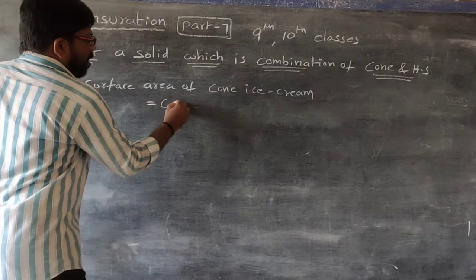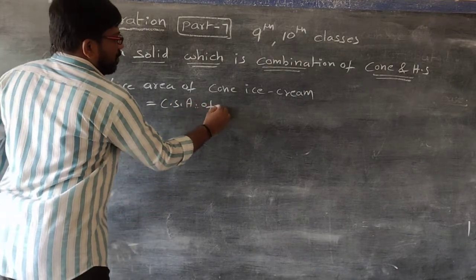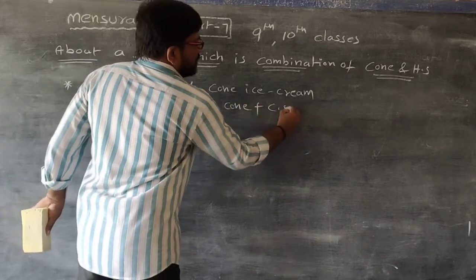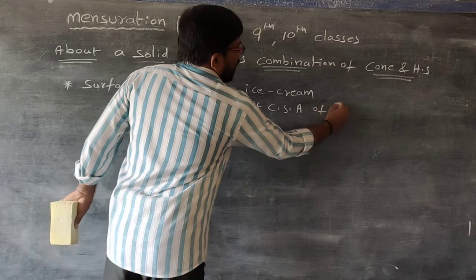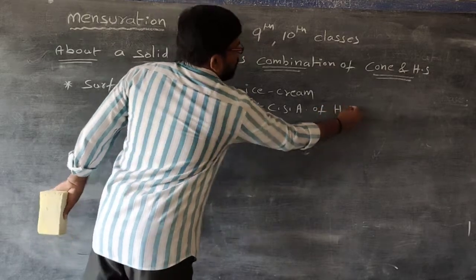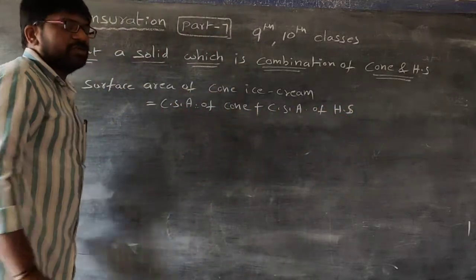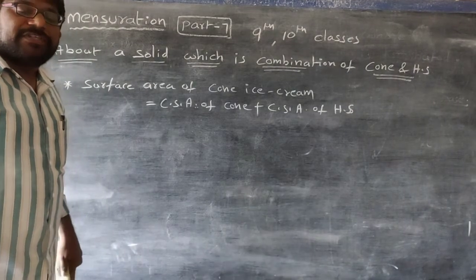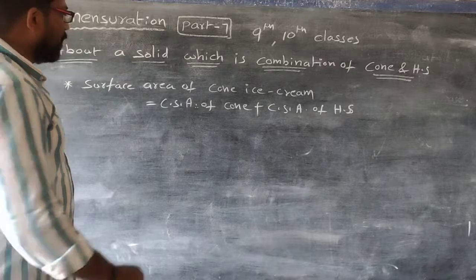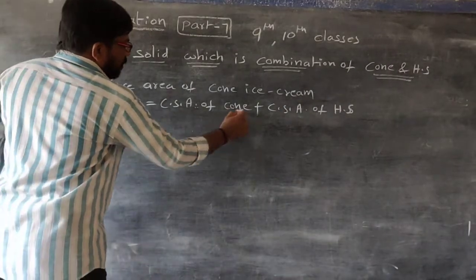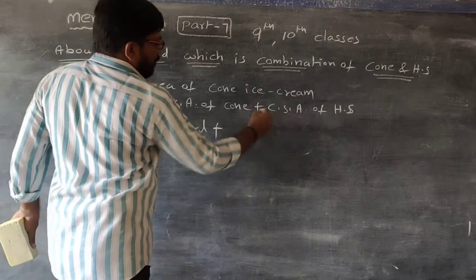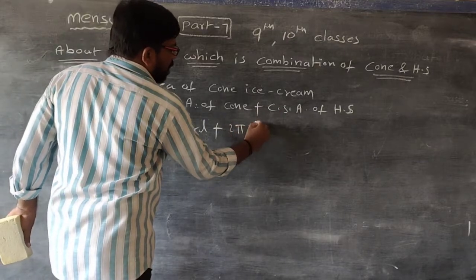So CSA of cone plus CSA of hemisphere; these two CSAs give the total surface area of the solid. CSA of cone is pi r l, plus CSA of hemisphere is 2 pi r square.